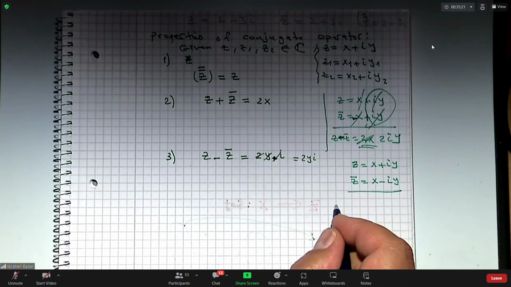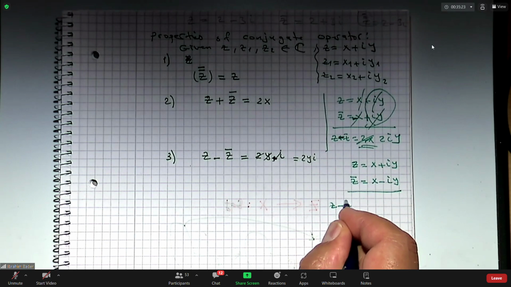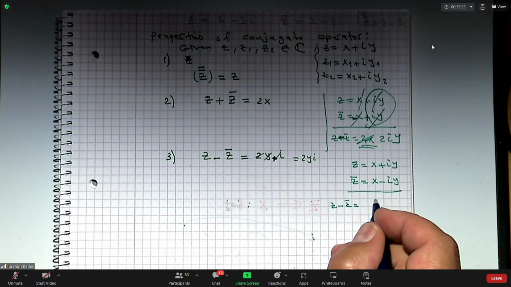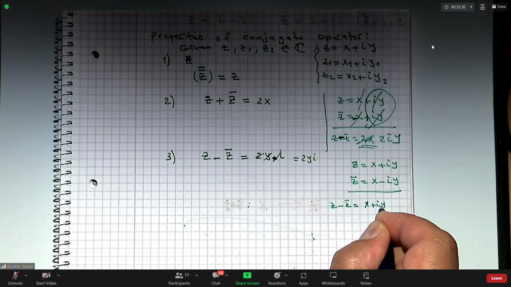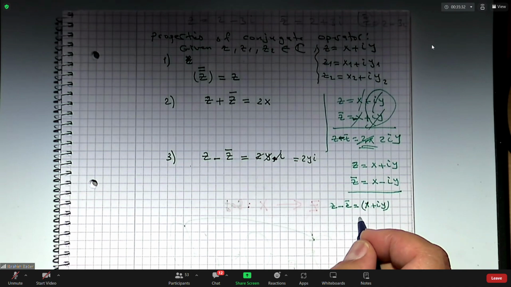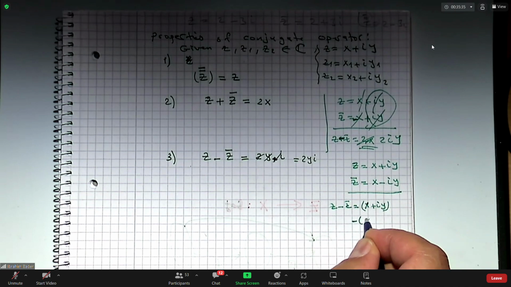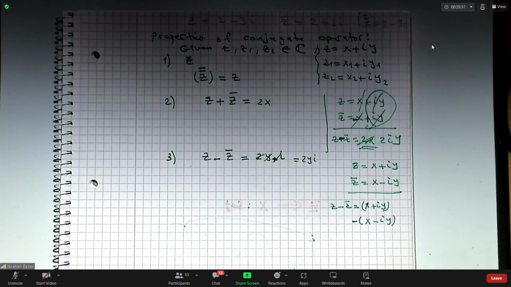If you subtract them, you have z minus z bar equals x plus iy minus x minus iy, right? So this minus will expand here: x plus iy minus x plus iy. So x will cancel out and you end up having twice iy.